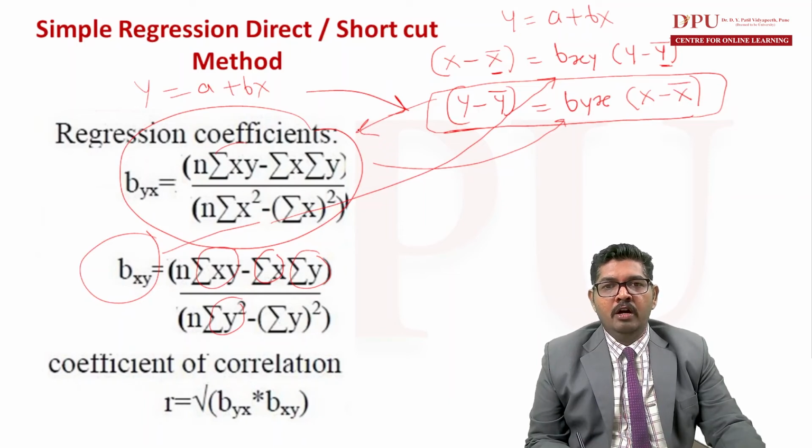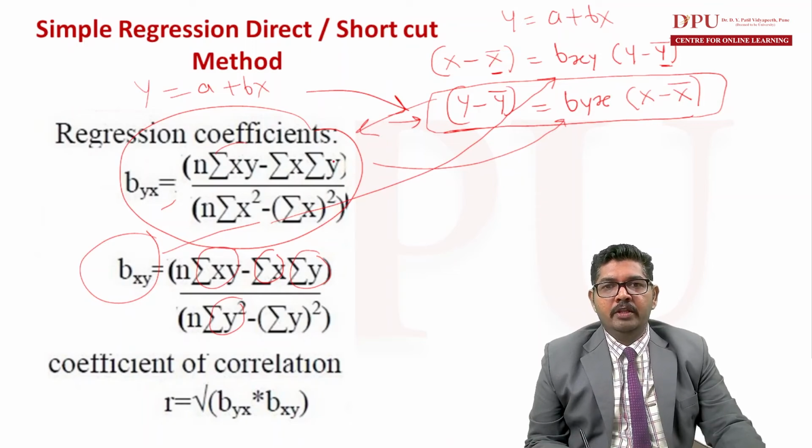As a homework, you are supposed to use this direct method. For the previous problem we solved by using the least square method. So use this formula of byx as well as the equation of y on x to find the sales of the generator set for the year 2012, as we discussed in the previous part of this video.